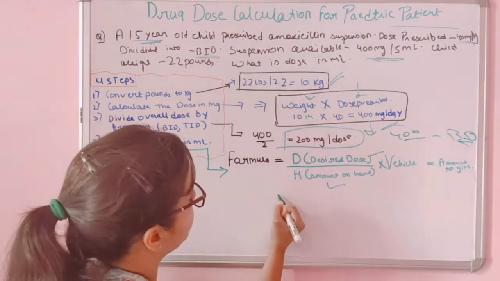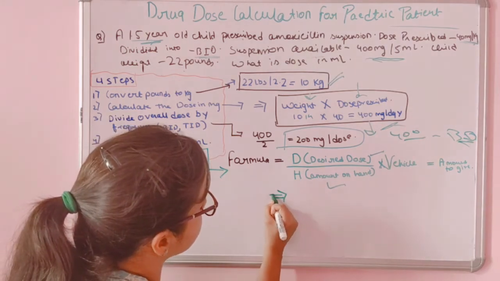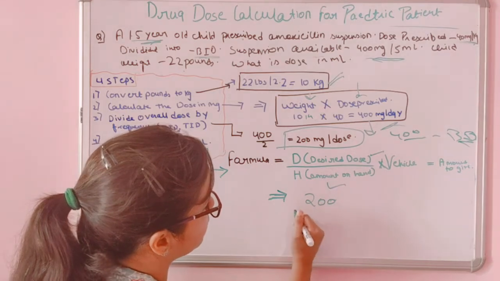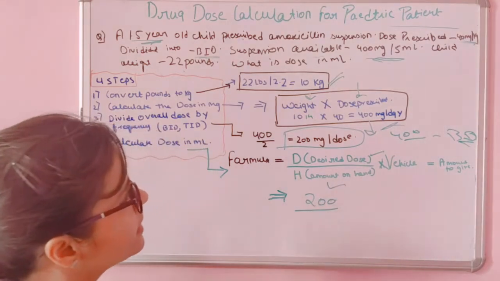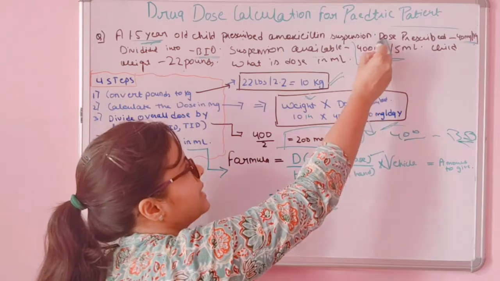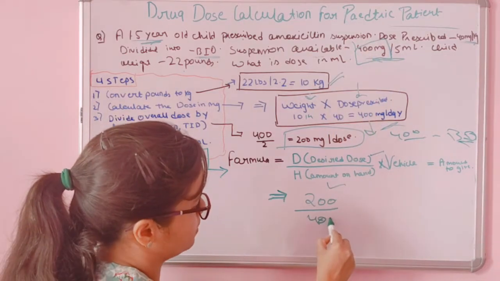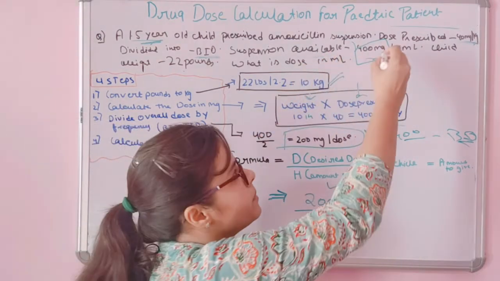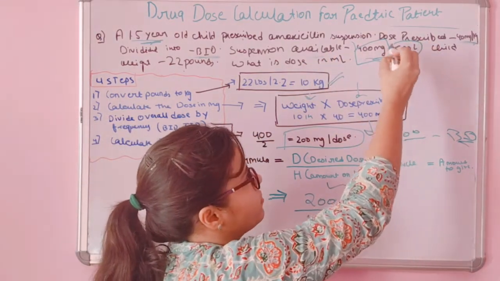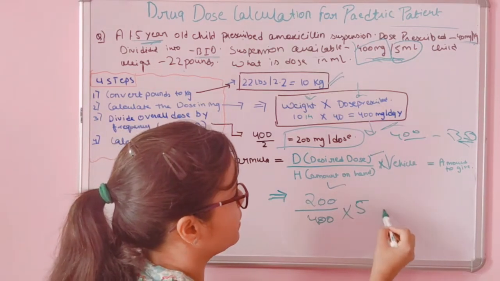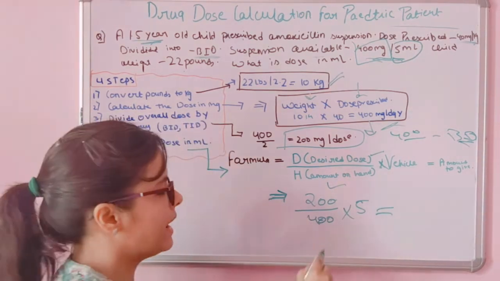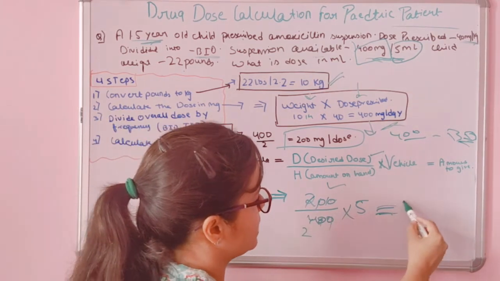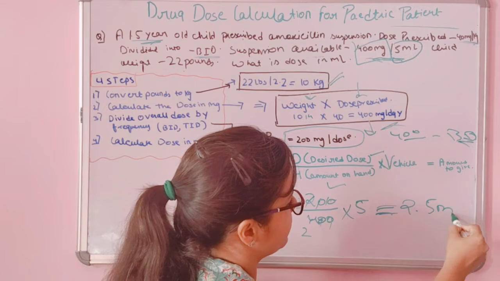So here the desired dose is 200 and the amount on hand is 400 mg, that is available as a suspension, and the vehicle is in milliliter form, that is, in 5 ml we have 400 mg. So here the vehicle is 5. So if you divide this, that makes up to 2.5 ml.